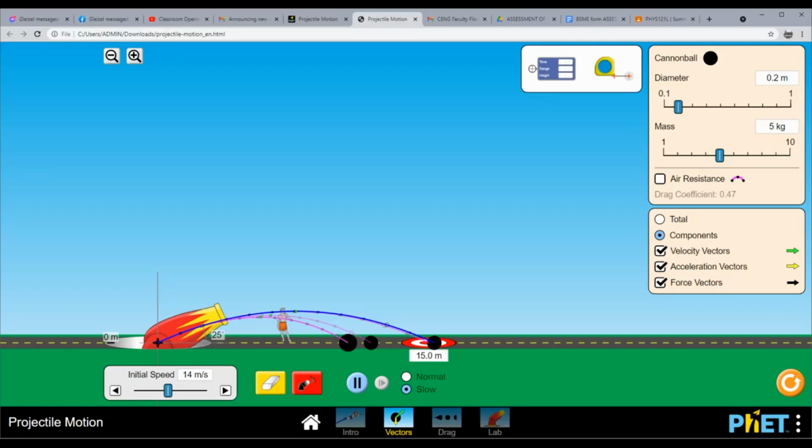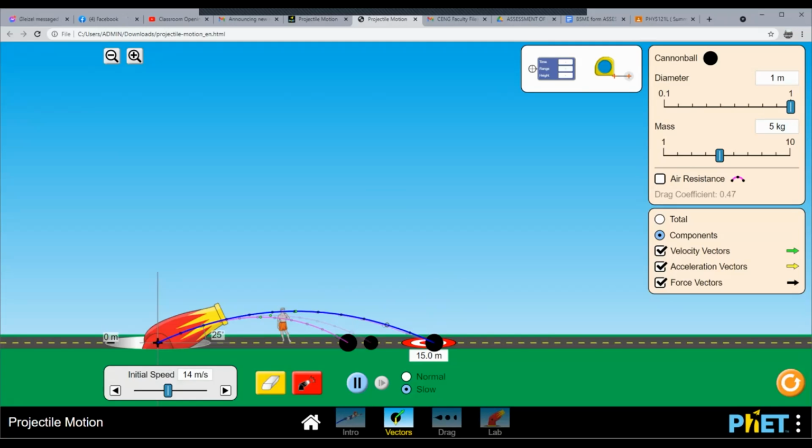Inalis lang natin yung air resistance. O sige, para mas makapag-conclude kayo, gawin natin na ang diameter ng ball is 1 meter. The same condition tayo ha, yung diameter lang ng ball ang ginawa natin.